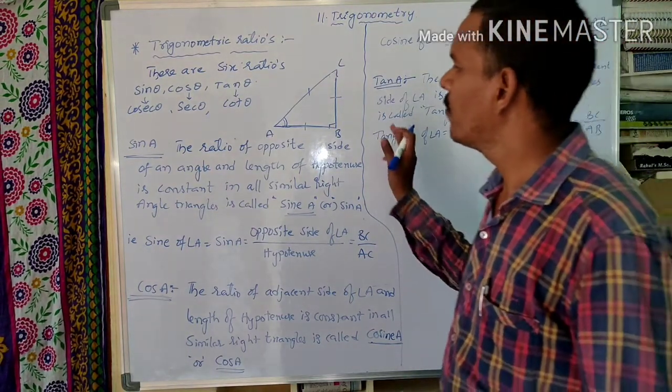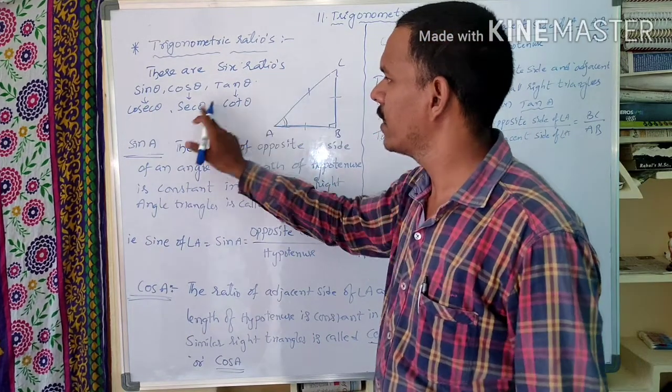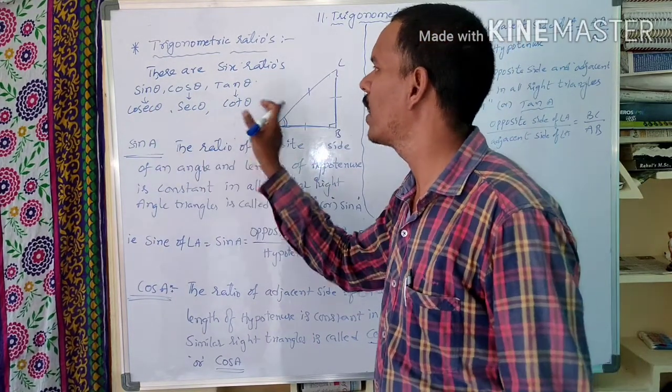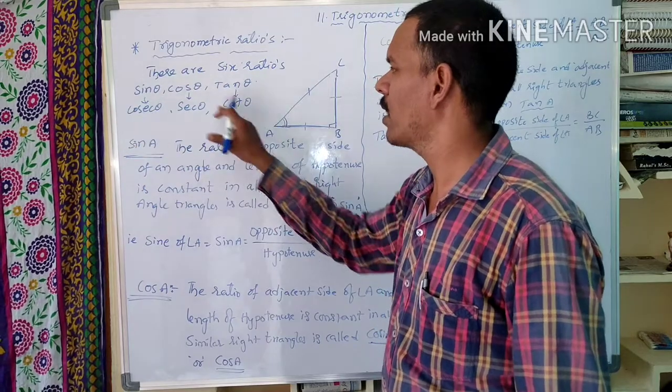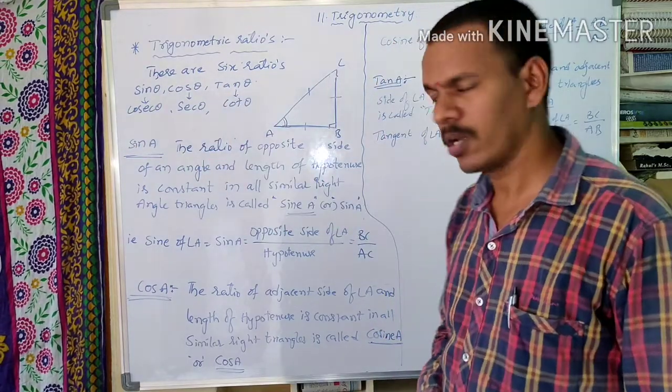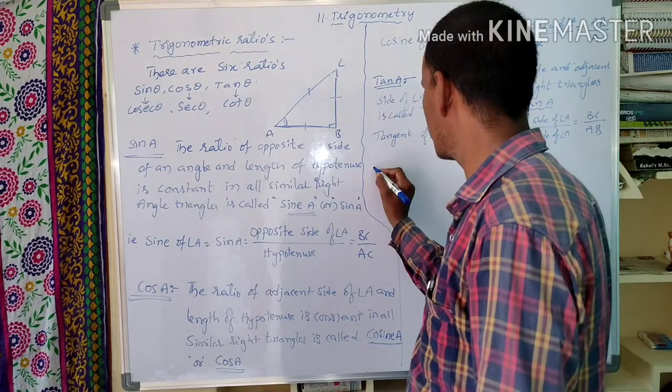Now go to the remaining three: cosecant theta, sec theta and cot theta. These three are the multiplicative inverses or reciprocals of the first three. Next one is cosec theta.